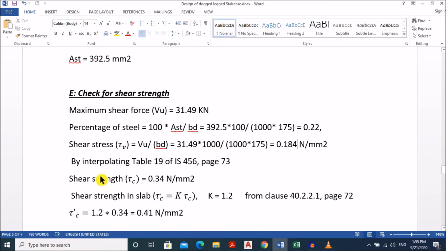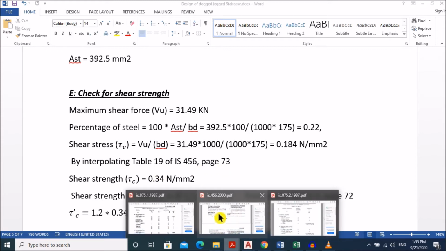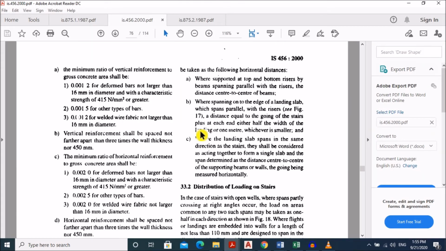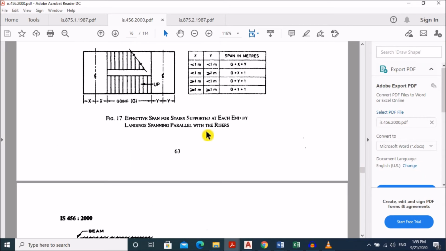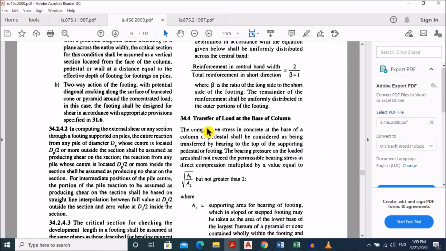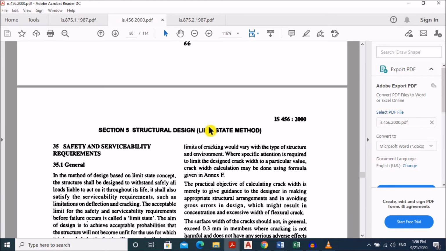mm square. By interpolating from table 19 of IS 456, page number 73, we have to go to page 73.